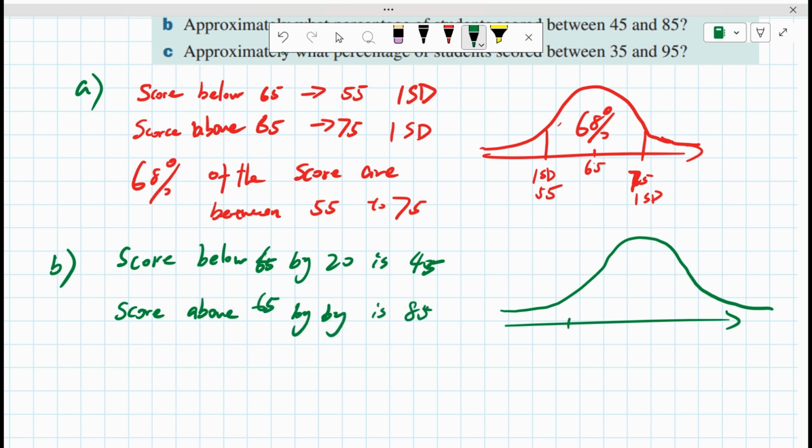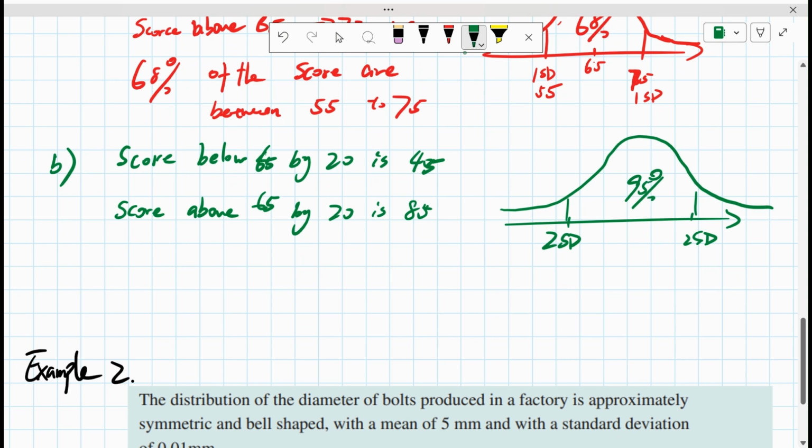So that becomes two standard deviations, because you're below by 20 and above by 20. That means 95% of people are between 45 and 85. And the last one will be between 35 and 95.